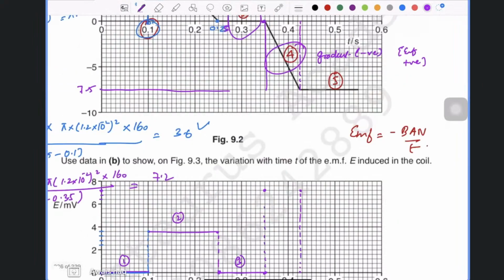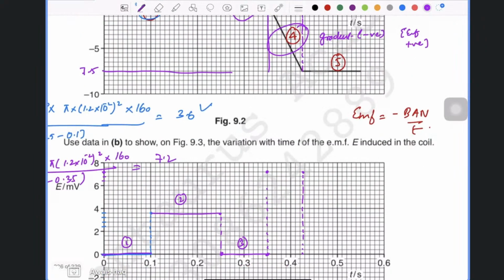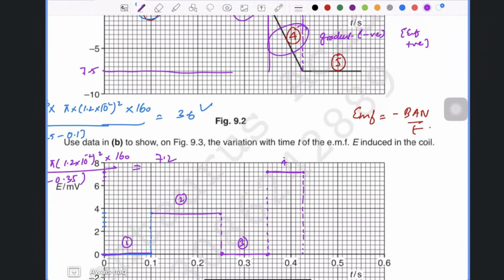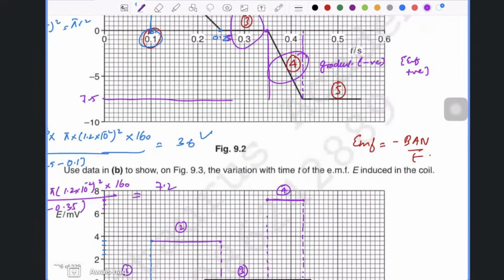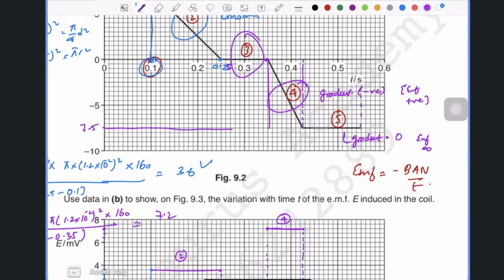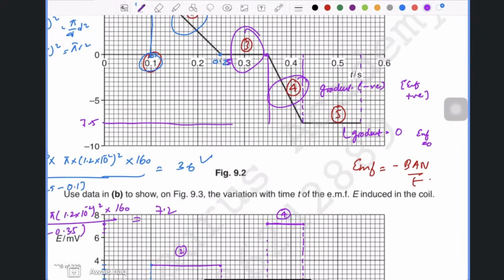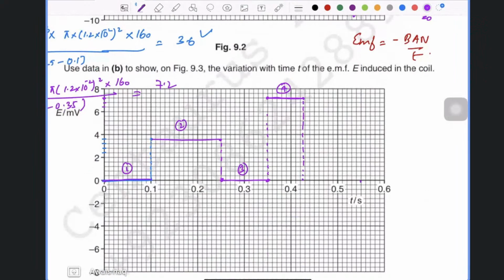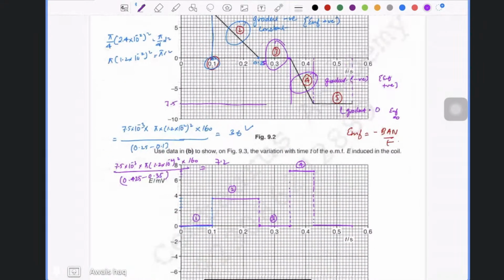So just make a straight line. So this will be 1, 2, 3, 4. And then what about the fifth? What is the gradient here? 0. So EMF will be 0 till the end, which is 0.55. Do you guys understand this? So this will be the graph for the graph above.